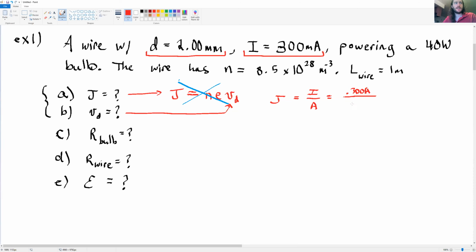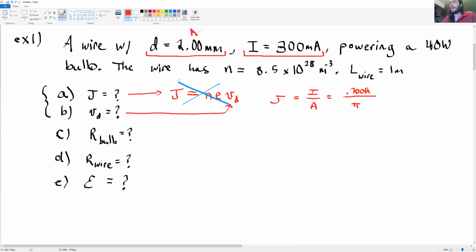How do we get the cross-sectional area of a wire when we're given the diameter? Well, we can divide the diameter by 2 and then do pi times r squared, right? Or we can use the formula for the area with the diameter in it. Let's just write it up here.